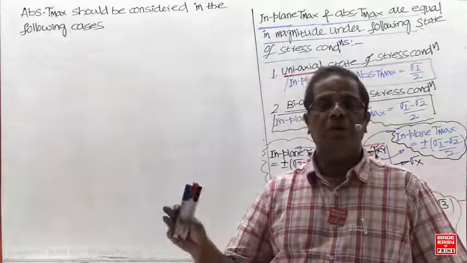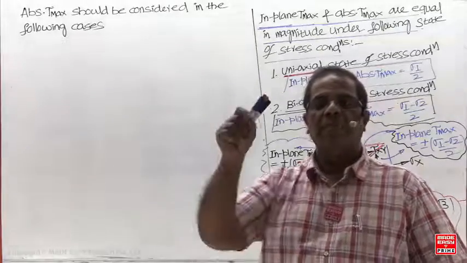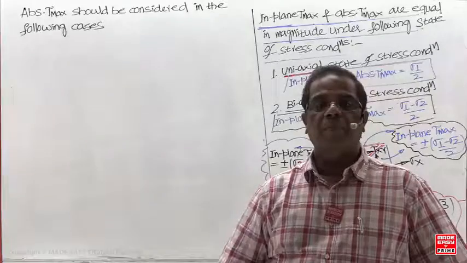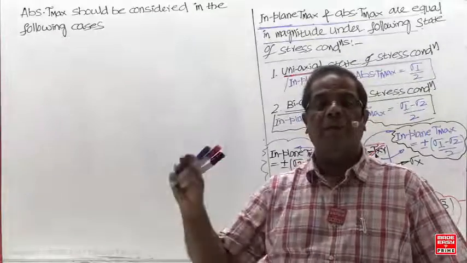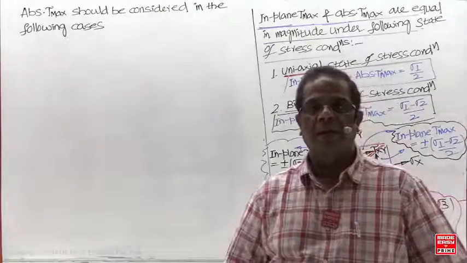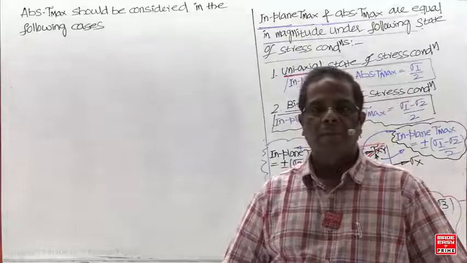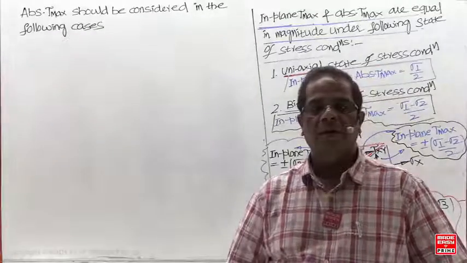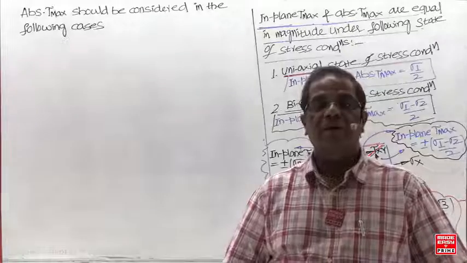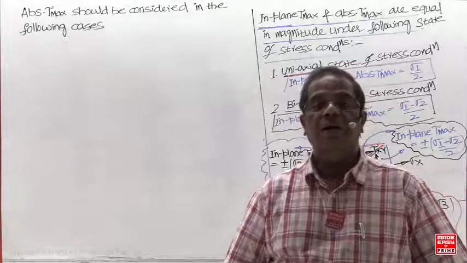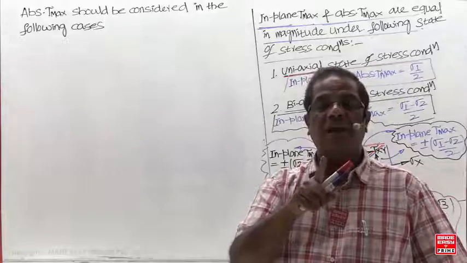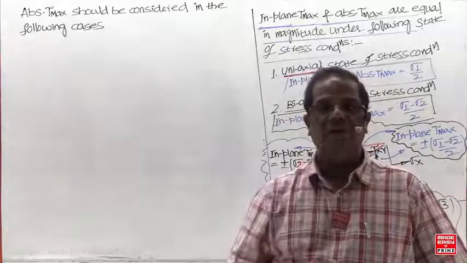So many questions. Somebody is going to post a question in that group. And somebody will give the in-plane tau max, somebody will give the absolute tau max. And they are going to give their own conclusions now. And some students will ask, sir, can you give the answer now? I'm going to clearly mention to them: try to refer to your class notes.